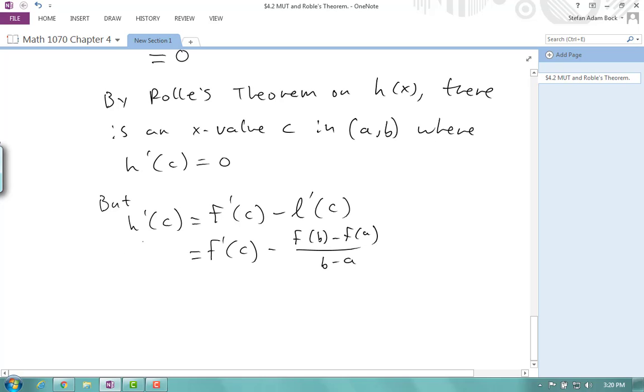But since h'(c) is equal to 0, I have, in the end, that f'(c) is equal to f(b) minus f(a) all over b minus a, which is exactly what we were supposed to get according to the theorem.